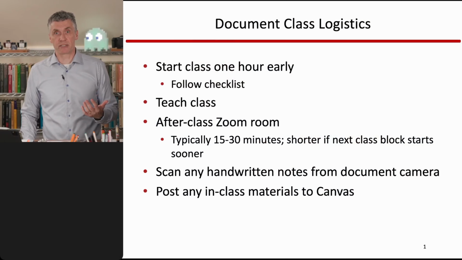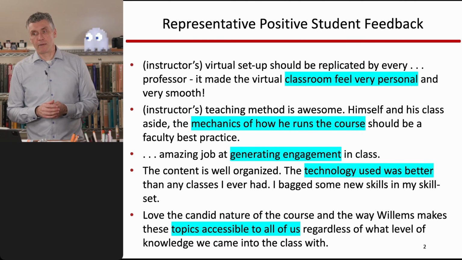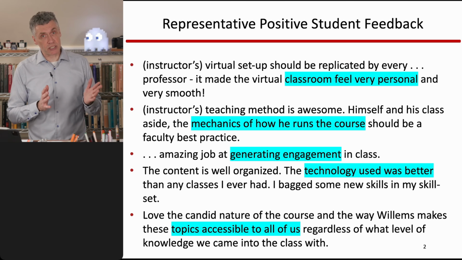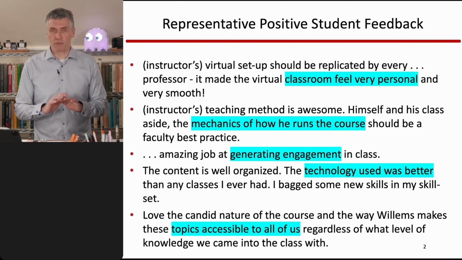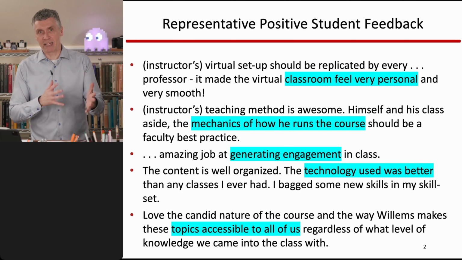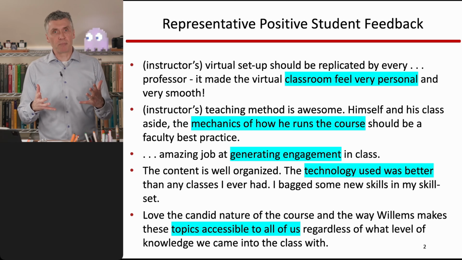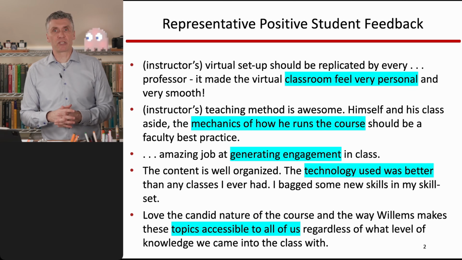Now, a logical question to ask is, how did students receive this? And so here is some anecdotal feedback. This is feedback from the students' evaluation forms. I understand evaluation forms have their own biases, but at least my sense is that this is representative.